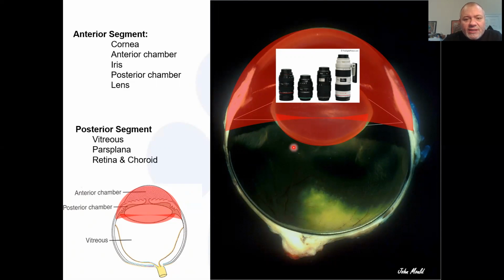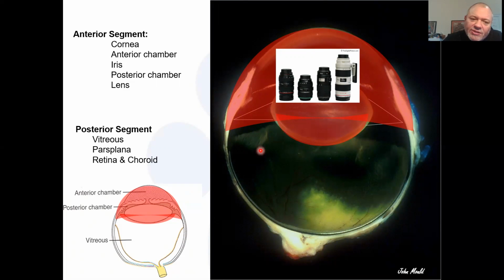The posterior segment is the functional part of the eye, the part of the eye which actually takes a focused image and turns it into electrical activity to send it to the brain, and really the retina, which sits like a film along the back curvature of the eye. The fundus does that job.